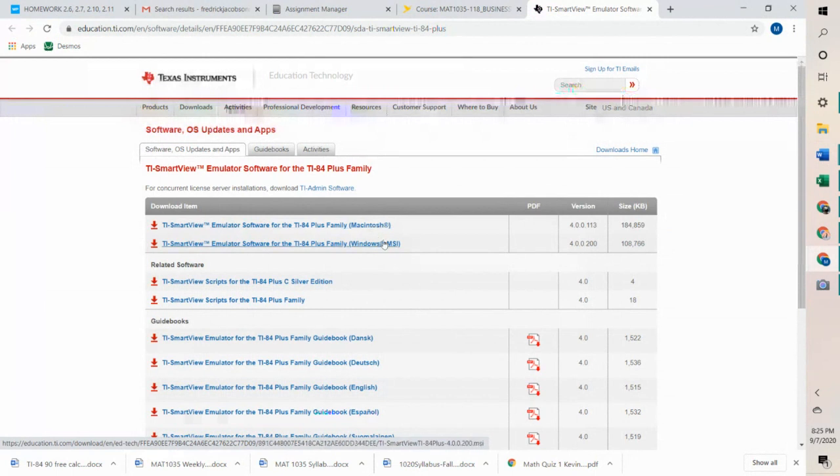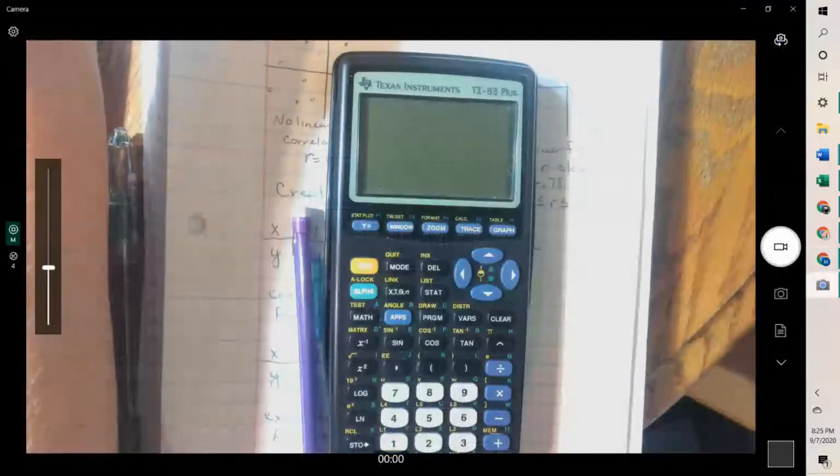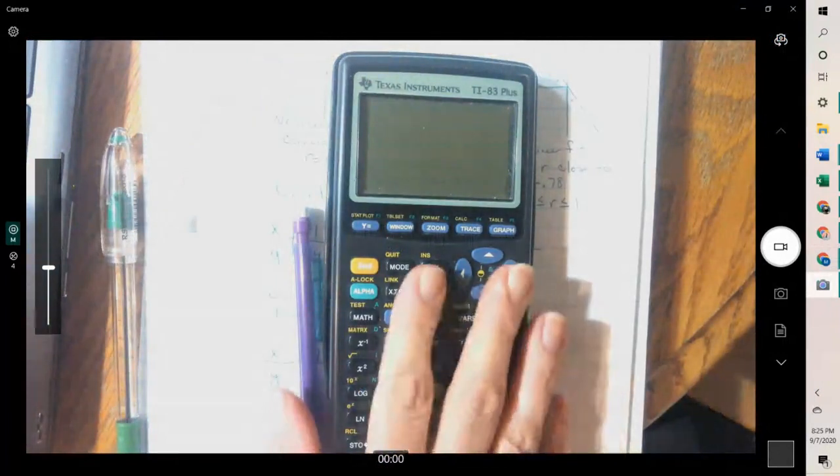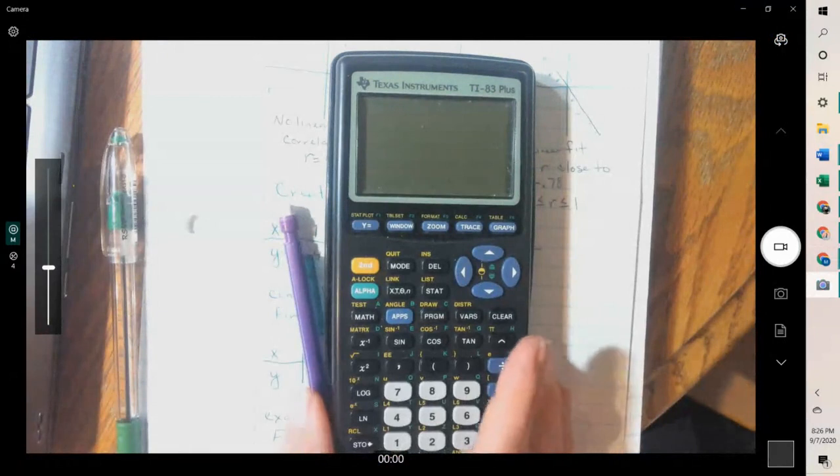But whichever one you use, you click on it. And I can't click on it because I already used my 90-day trial in the spring and fall. But it's a really nice online calculator. And you can use it for 90 days. And it looks like this. Well, this is an 83. The 84 is a little bit nicer, but they still do the same.